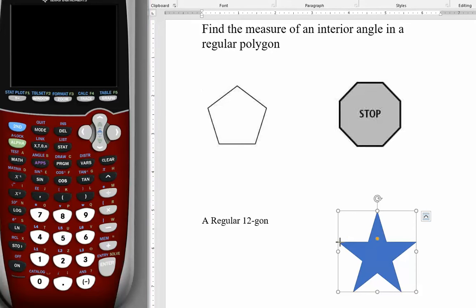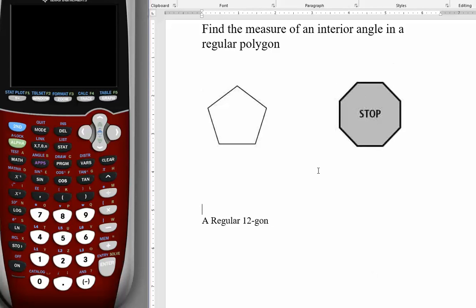I can draw a line from this vertex up to the other vertex, and that red line is outside of the polygon. That makes it concave, because part of it caved in on itself. So anyway, that's just a little spiel. Regular figures will be convex. I can't draw a line outside of the figure going from vertex to vertex.